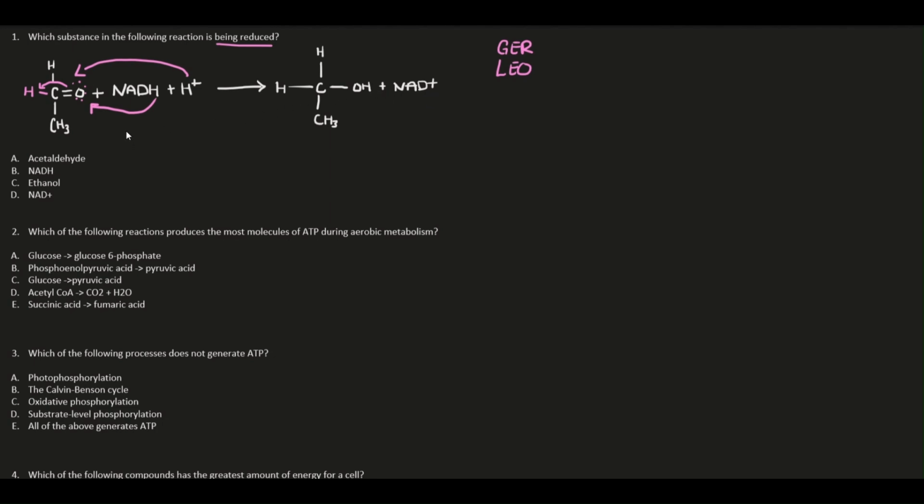Now in our reaction, which one is gaining electrons? Well, it's our molecule acetaldehyde. So the answer is A. That's being reduced. And NADH is being oxidized.